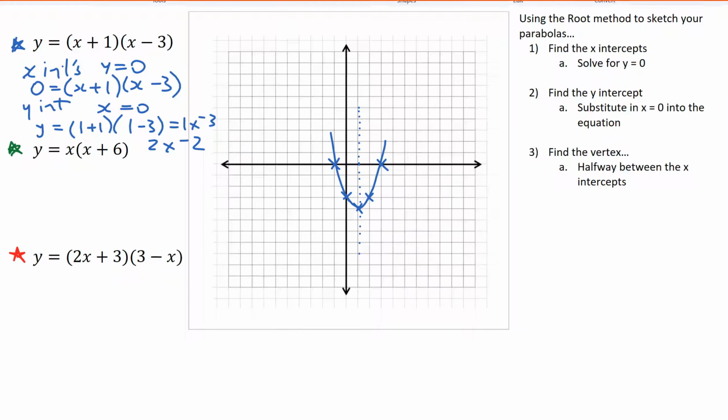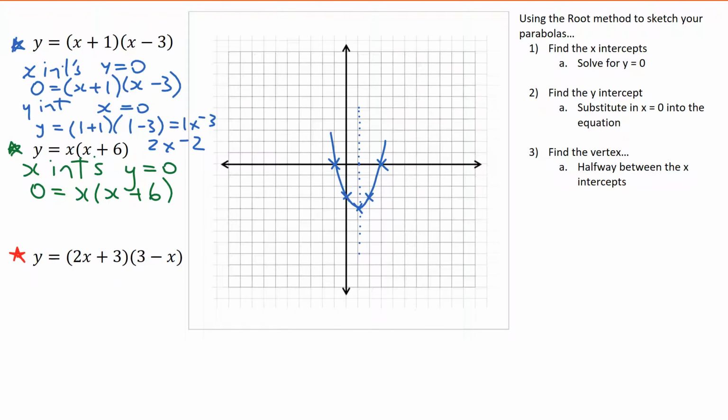Green one then. What do I do first? Make it equal 0. So x-intercepts make y equals 0. So 0 equals x into x plus 6.